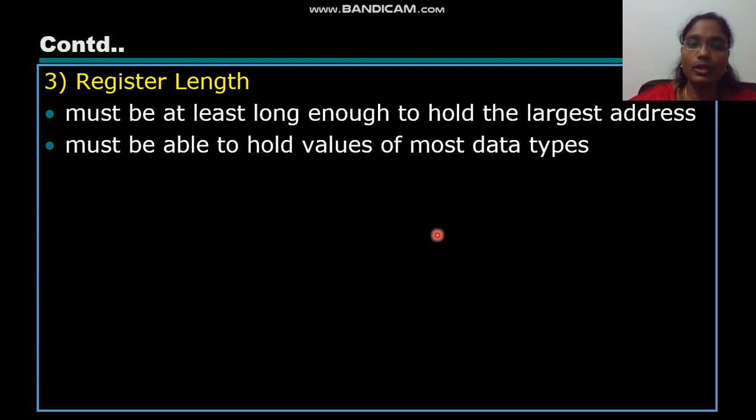The register should be long enough so that it will be able to hold the largest address of the main memory, and also it should be able to hold the values of most of the data types. We have different data types, and all these operands are different. So the register should be able to accommodate any of these data types. So these are the design issues while we are considering the general purpose registers.